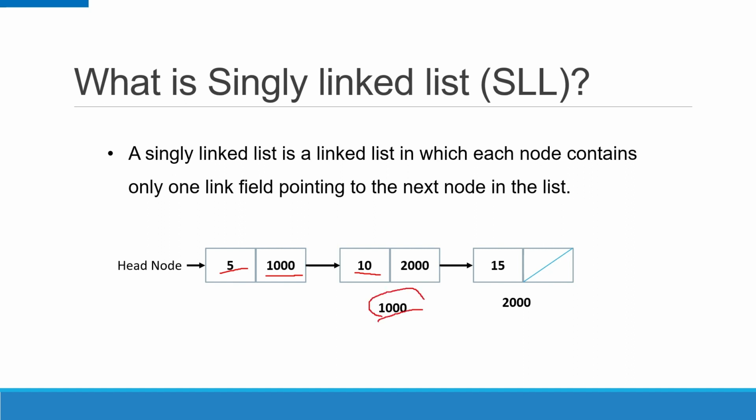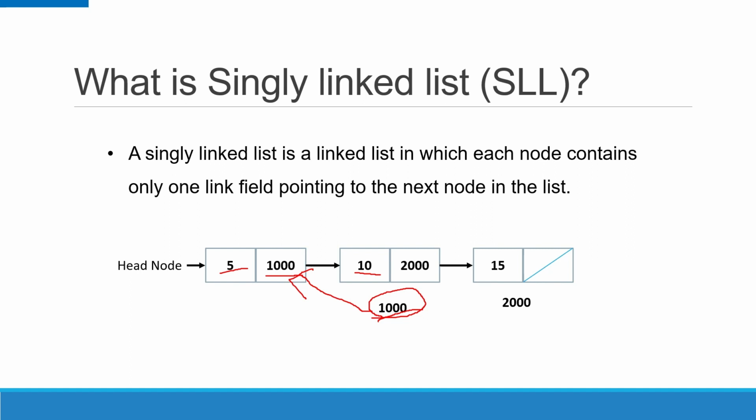So 1000 is the memory location, and it is stored in the next field. You all know the next field contains the address of the next data element. Here the next data element, after 5, is 10, residing at 1000. So this memory address is stored in the first node's address field.